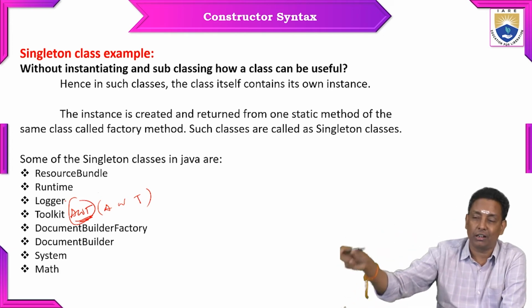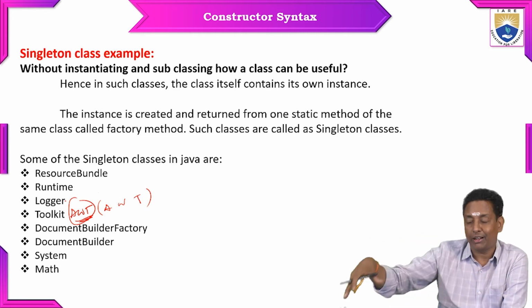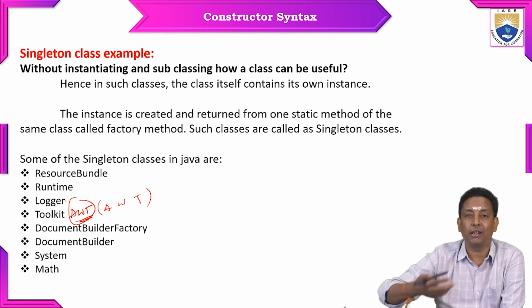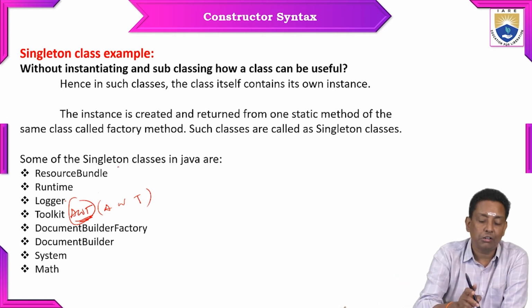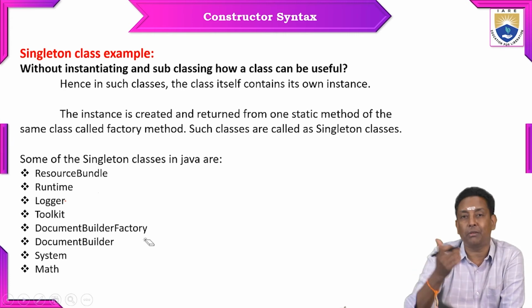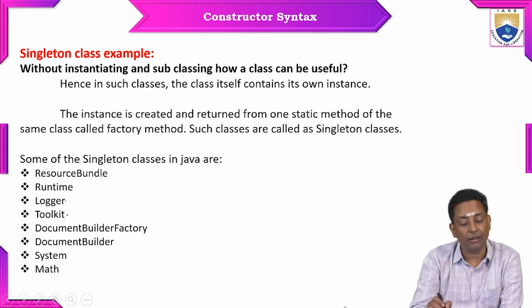Similarly, Solaris toolkit, Unix toolkit, Macintosh toolkit, Windows toolkit. The current operating system toolkit object will be returned. From that you can call createButton, createLabel, createTextField. So operating system native components will come up in AWT by using the toolkit object.